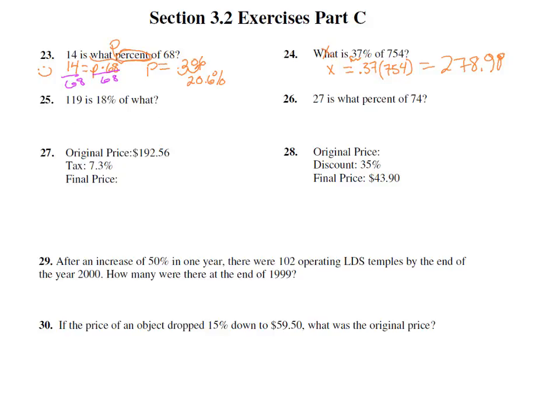Number 25. If we look at 119 is 18% of what? We don't know what. Let's put an X there or an N if we wanted to. 119 is 18%. Move the decimal 2 places to put it into a decimal, of X. Alrighty. How do we solve for X? Well, this is a happy math equation.